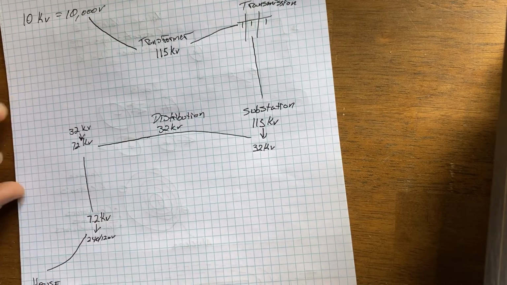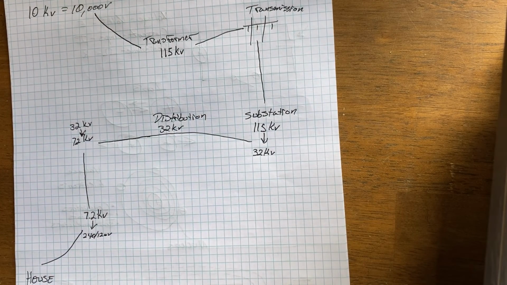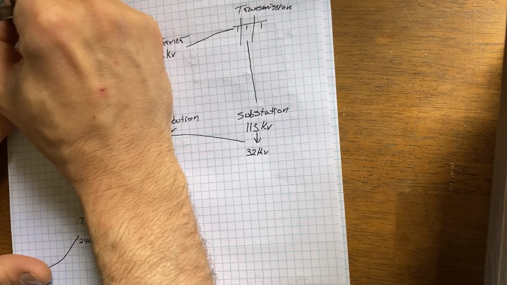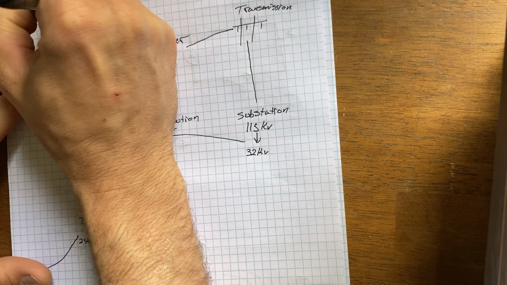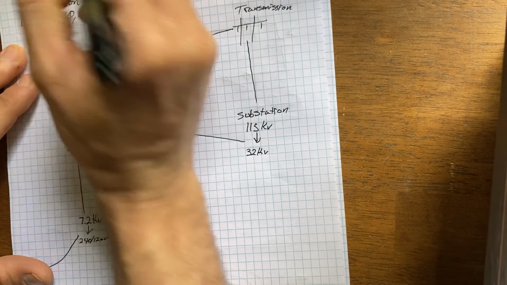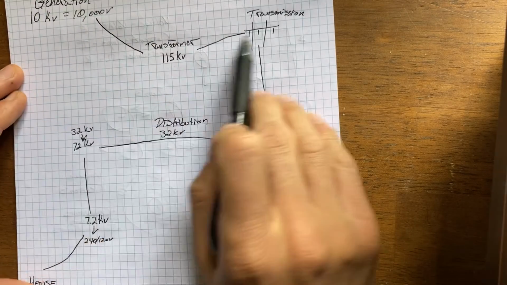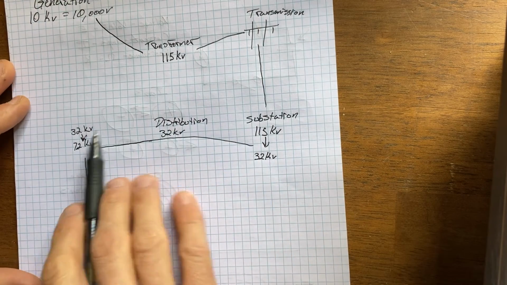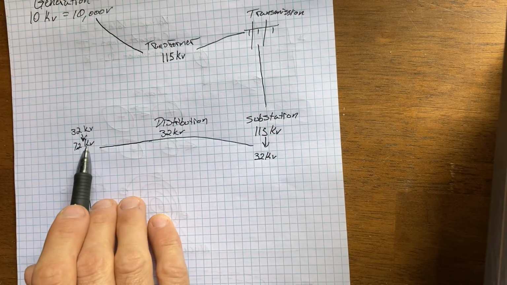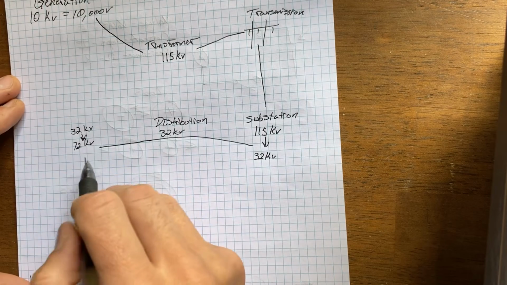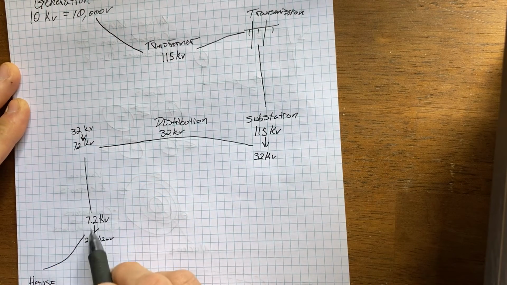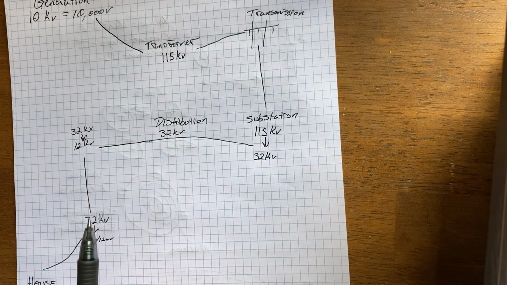So this is just the basic distribution system, from the generating facility through the transmission lines, down to a substation, out to distribution, from distribution voltages to maybe smaller substations, and then to the transformer that's actually hanging on your pole and getting power to your house.